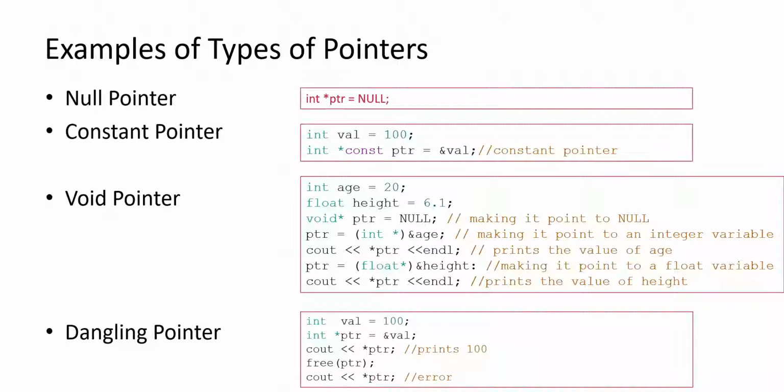Then a void pointer can point to int or float or any other data type, but must be typecast before dereferencing. Then a dangling pointer occurs when memory is freed but the pointer still refers to it. So this dangerous pointer type should be avoided. Good programmers always set freed pointers to null to avoid dangling references.